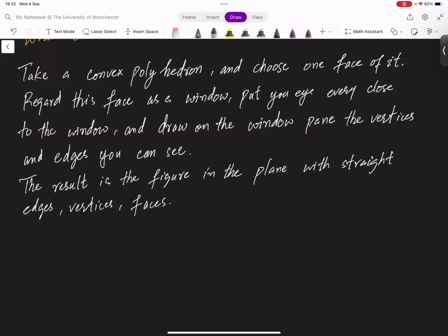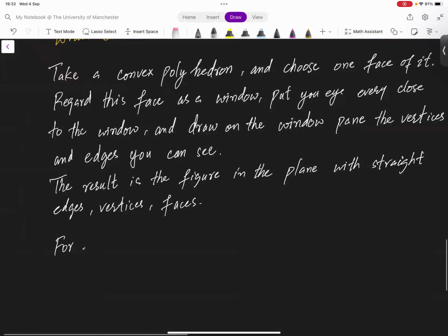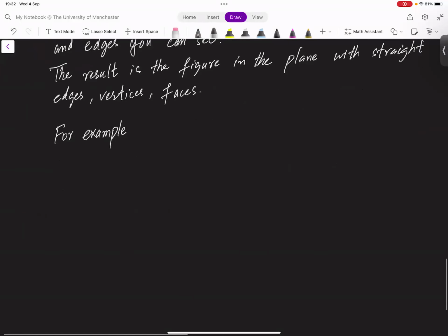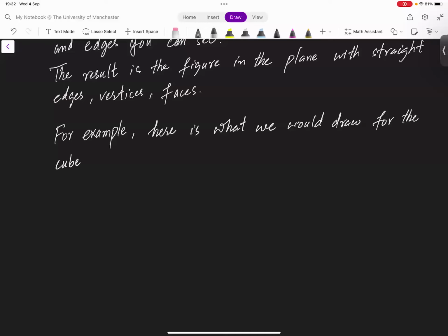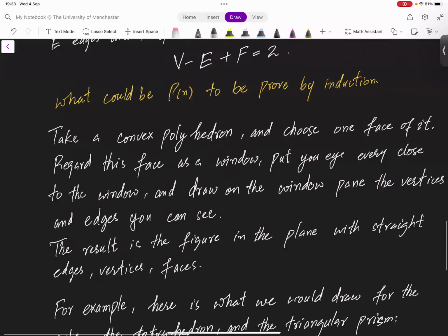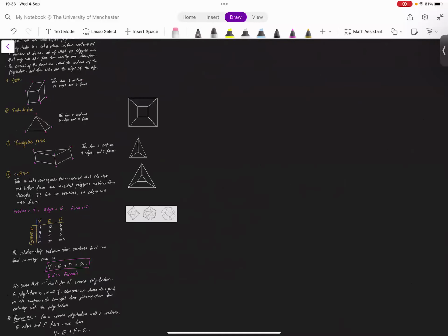Now, here is what we would draw for the cube, the tetrahedron, and the triangular prism. Let me show you those.